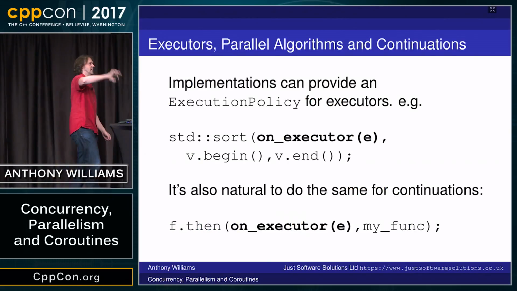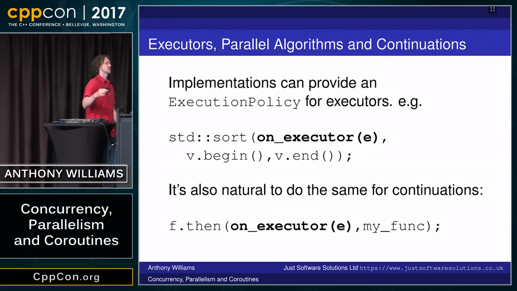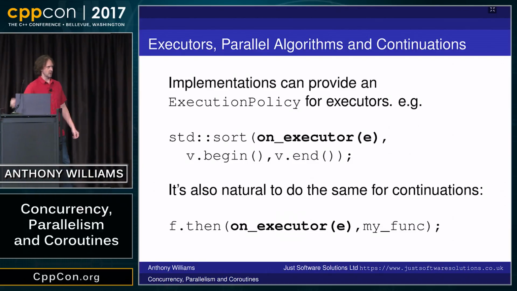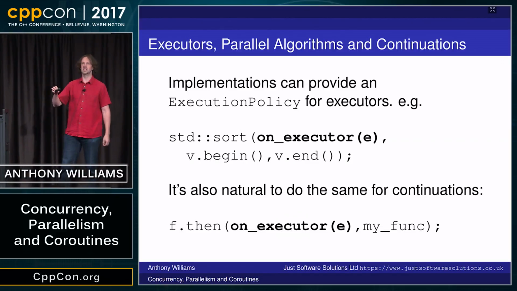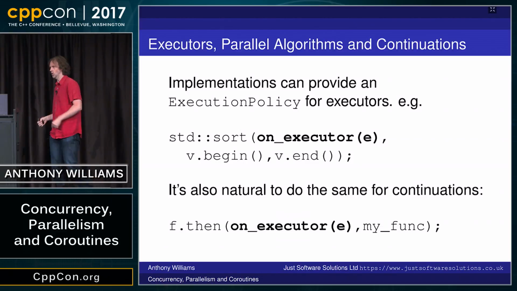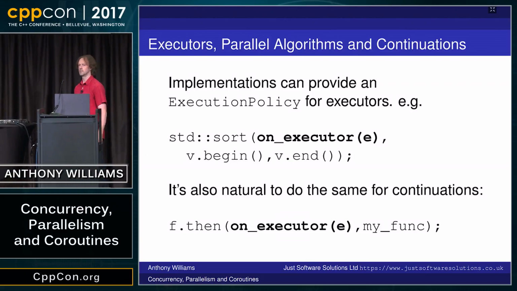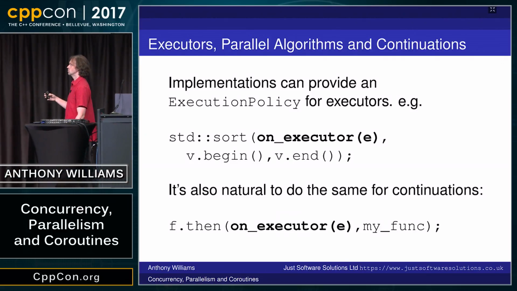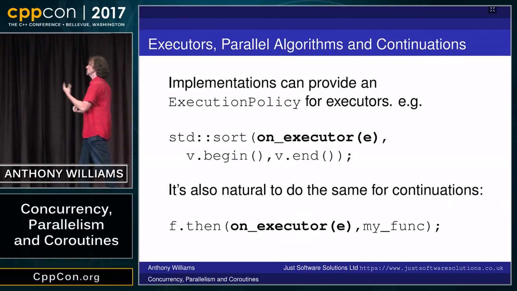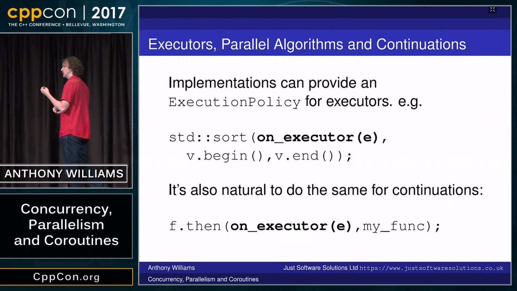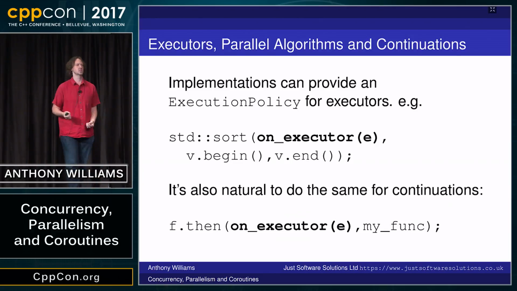This can then interact with the parallel algorithms because you can provide a custom execution policy that says, spawn the tasks for this parallel execution on my executor. It's also natural to think that you can do the same with the Concurrency TS continuations.